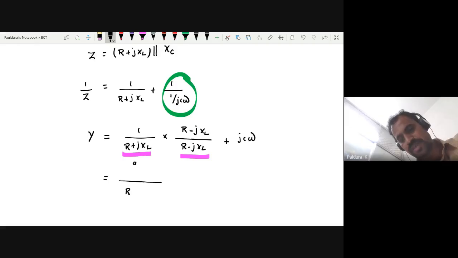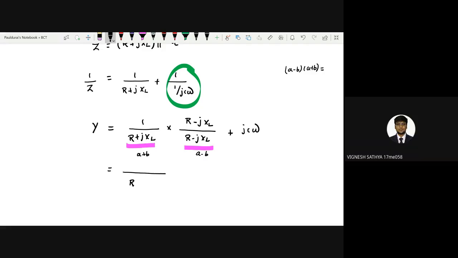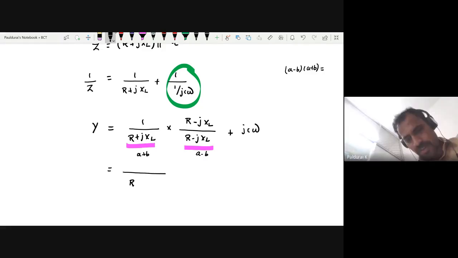A plus B into A minus B is A squared plus B squared. Sir, R squared plus XL squared, sir. Thank you, ma. R squared plus XL squared, right? So this is R minus J times XL plus J times C omega.